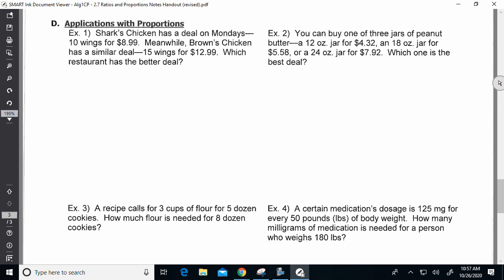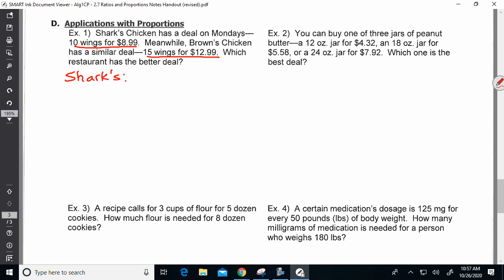So, which one of these is the better deal? To figure out which one is the better deal, I need to figure out how much is it going to cost for me to get one wing. So let's start with Sharks.